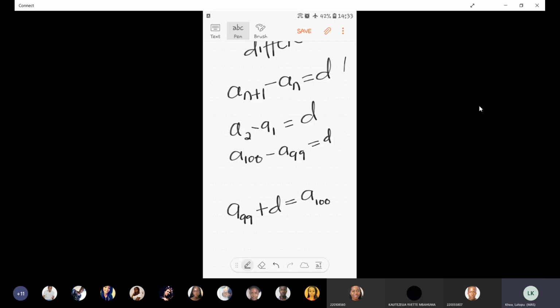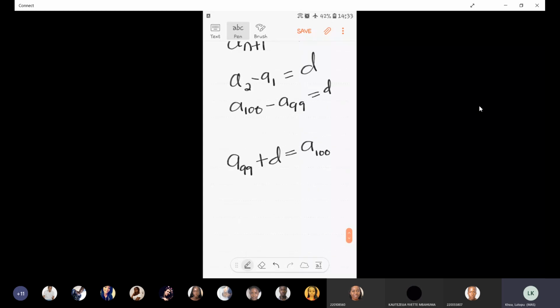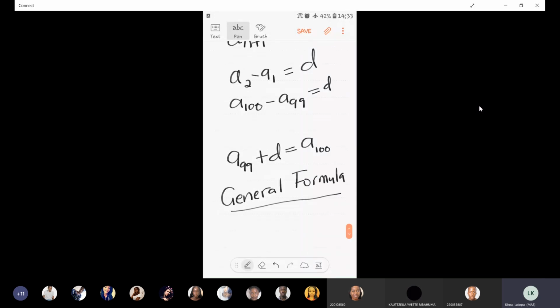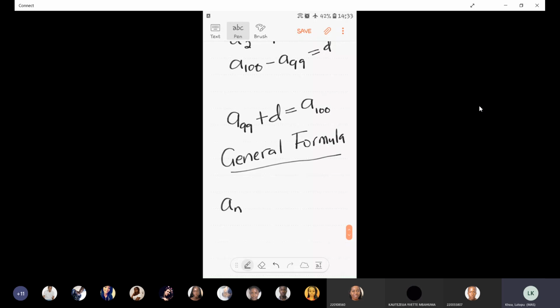Okay, so with an arithmetic sequence, the general formula, or the nth term, is given by a sub n equal to a1, which is the first term, plus n minus 1 times d.